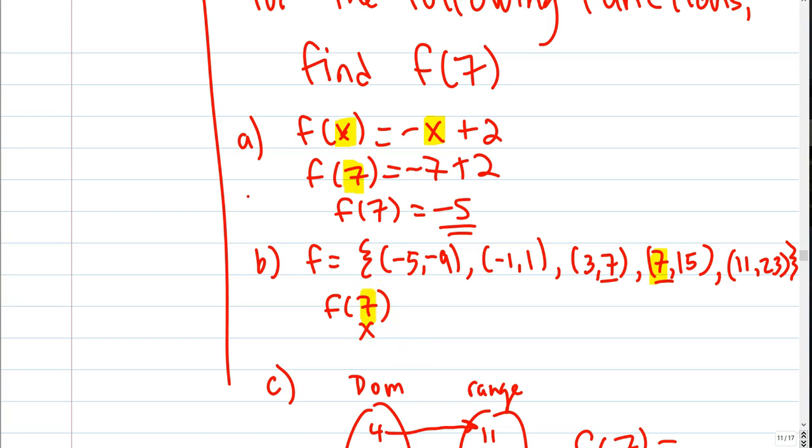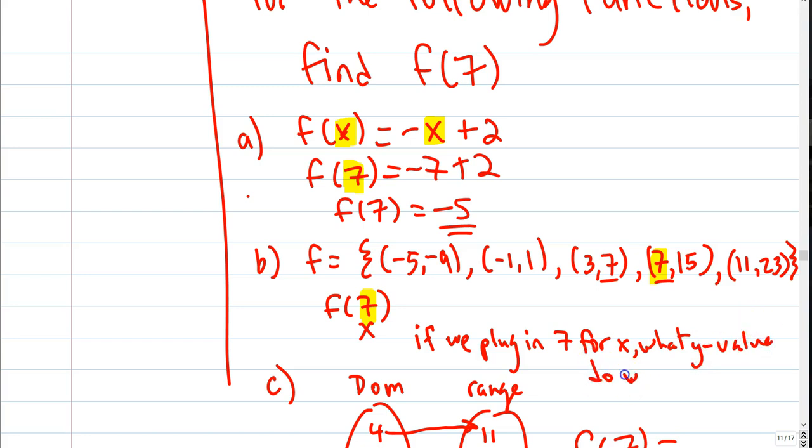If I plug in a 7 for x, what y value do we get? Well, the y value there is 15. So f of 7 is 15. And that's the answer we're looking for. That is the y value, or the f of x.